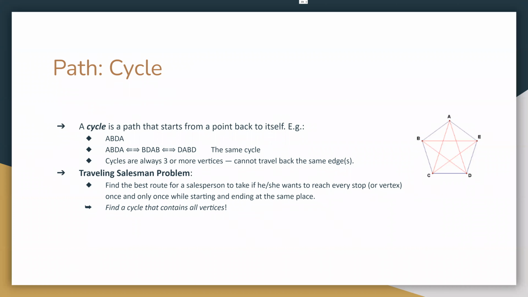Like the first one, A, B, D, back to A. That's a cycle. That's a circle. Or you can go A, B, C, D, E, A. That's another cycle. And because we're talking about undirected graphs, these are actually the same cycles, the same edges are in there.